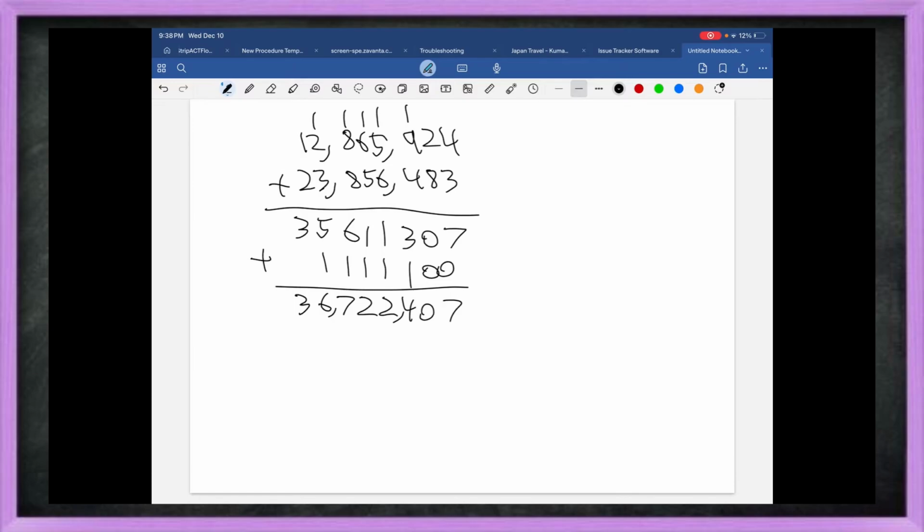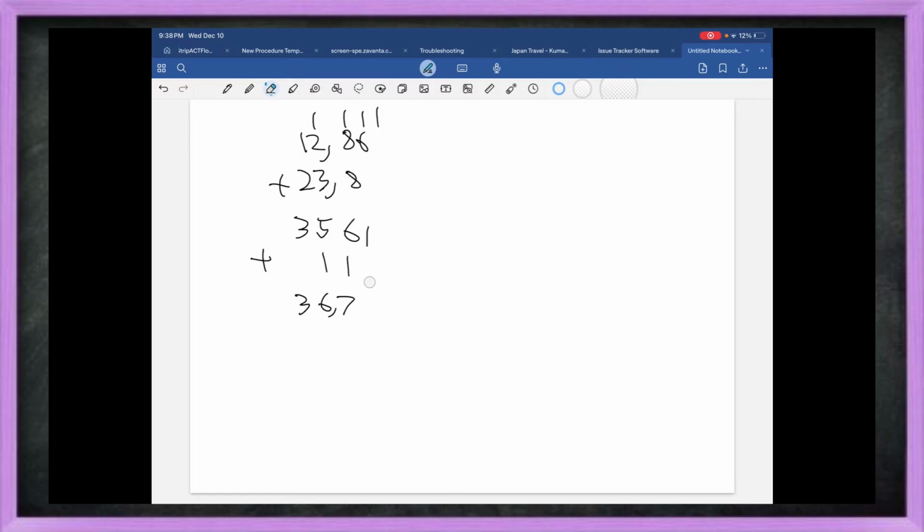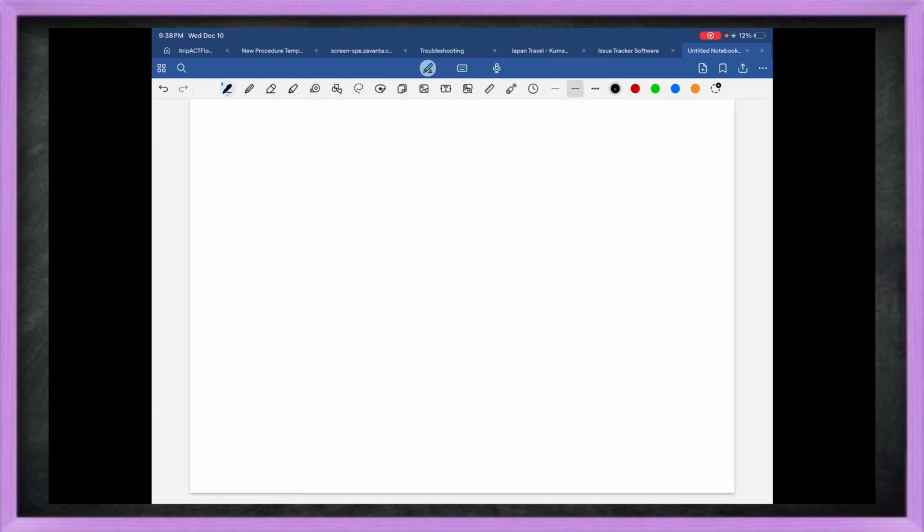Multiplication, different story. So I'm not even going to attempt to multiply 12 million by 23 million. Let's say 924 times 483. We truncated the numbers from before.